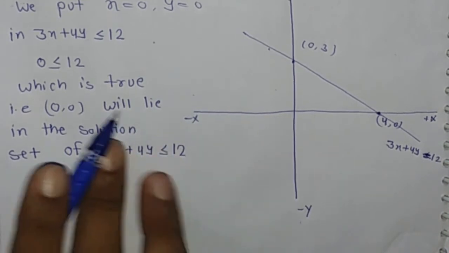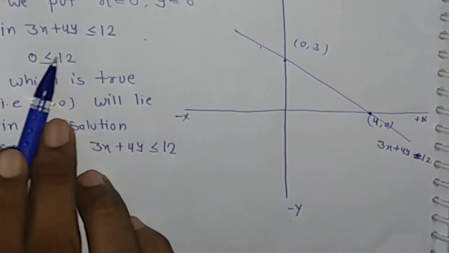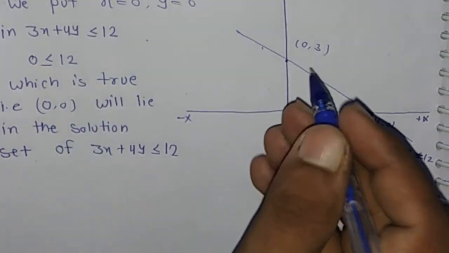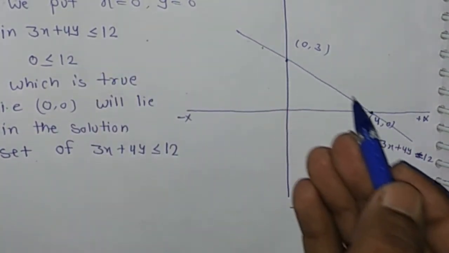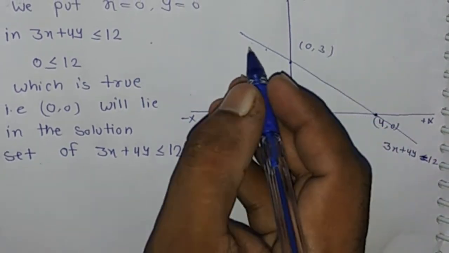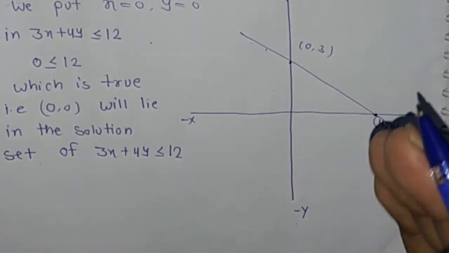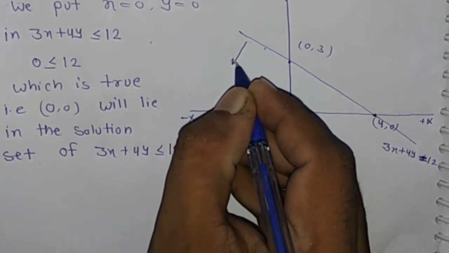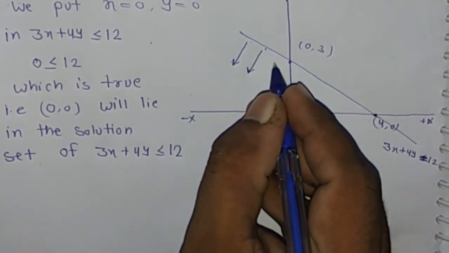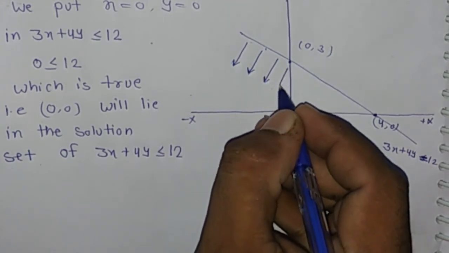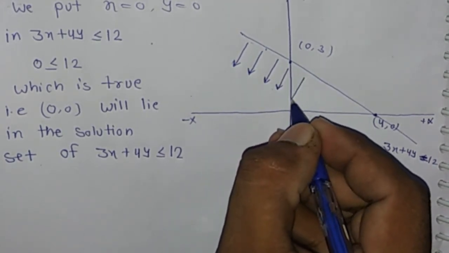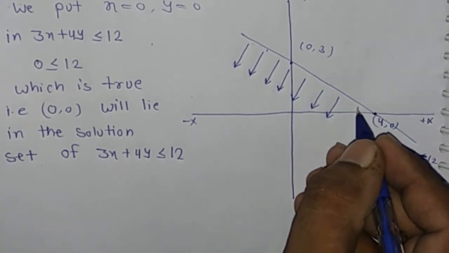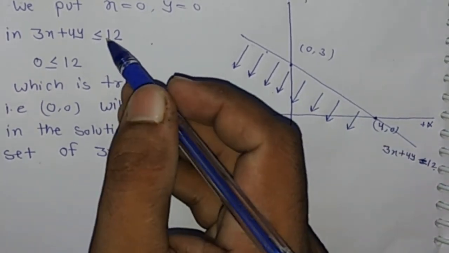If it were 3x plus 4y less than 12, then this line is not included. It means we take the region below, like this.